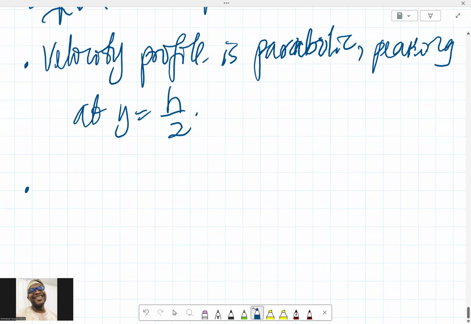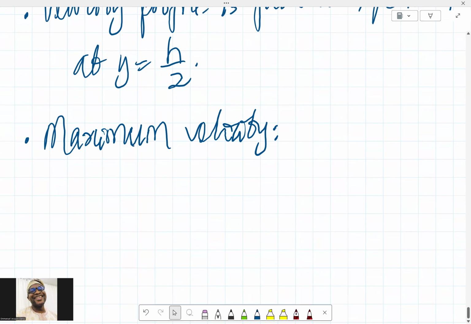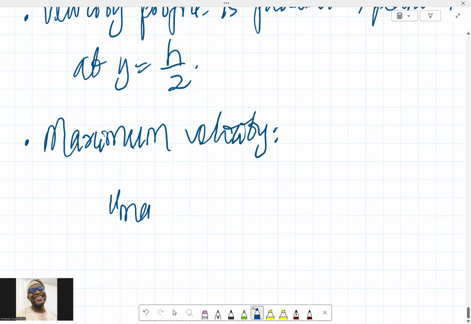Then next, maximum velocity. We have u max will be u of h over 2. So anywhere we see y, we just put h over 2.